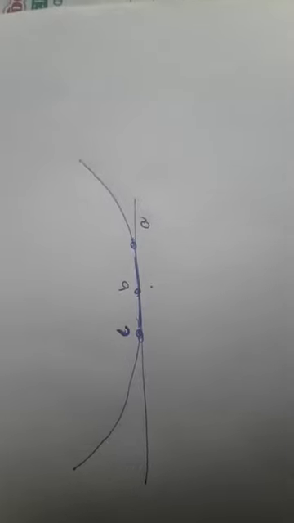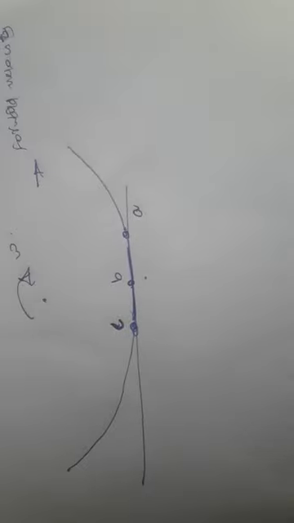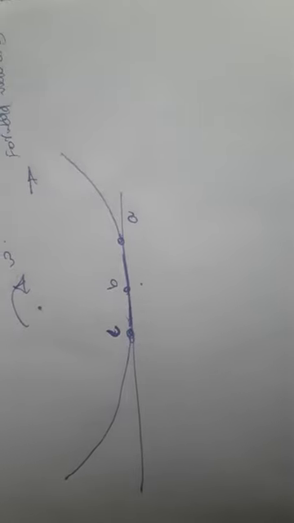There is a zoomed-in look of the tire's contact with the road surface. What we have discussed is that A is a point, sorry, this is the point which is going to hit the ground first, and B is the center point, and C is the exit point.